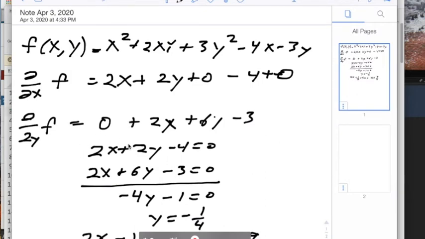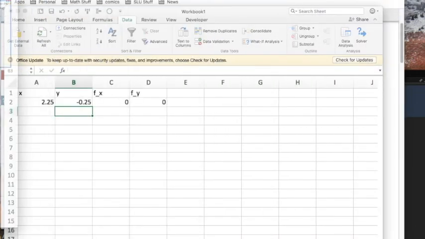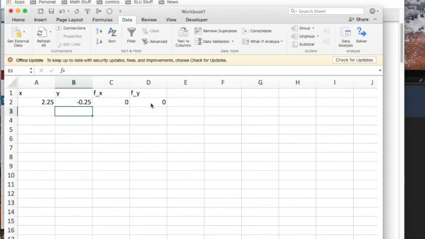I can solve that algebraically, but if I don't have very nice functions, I'm going to want Excel to do it. And so I used Solver to say I'd like to make dy 0 while keeping dx 0.